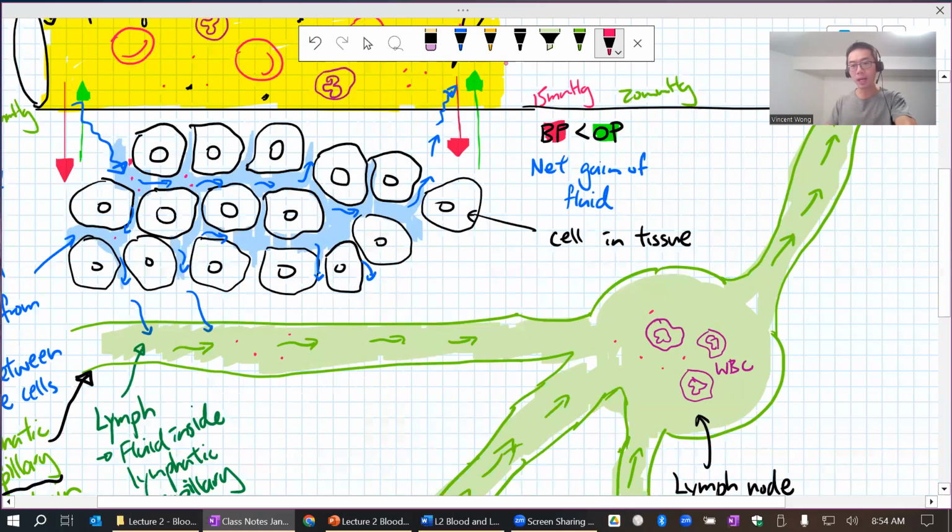So when the white blood cells in the lymph node detect these bacteria or parts of a bacteria, they will get activated, and then they will divide and make more white cells. And it is this activity in the lymph node that causes the lymph node to swell up when you're fighting an infection.